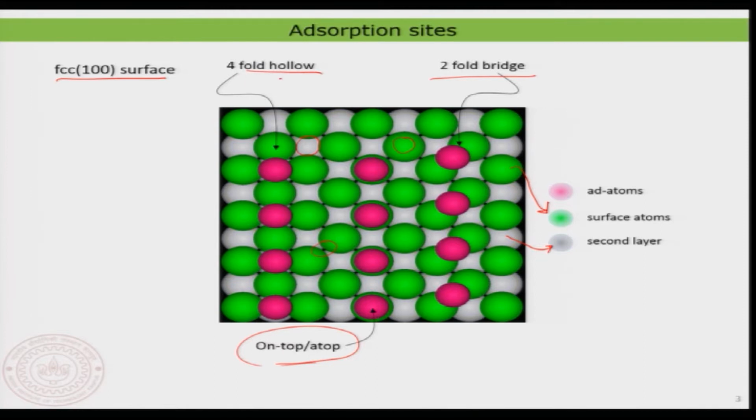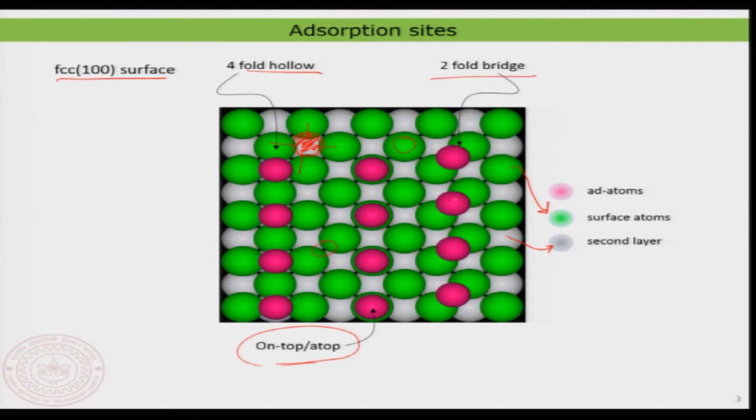This is a 4-fold hollow site, because you can see there is no atom in the first layer, the atom is in the second layer, therefore it is a hollow site. And this, for example, is a very favored site for adsorption. You would imagine why. When the atom adsorbs at this site, there are 4 and then 1 coordination to the atom at the bottom, so about 5 coordination that this atom can have when it adsorbs on the 4-fold site.